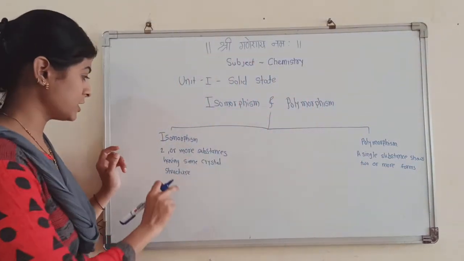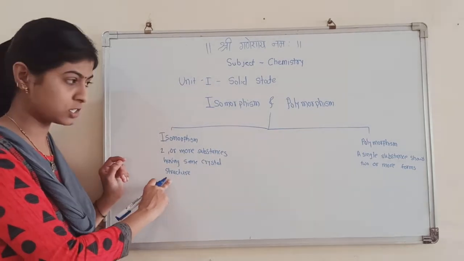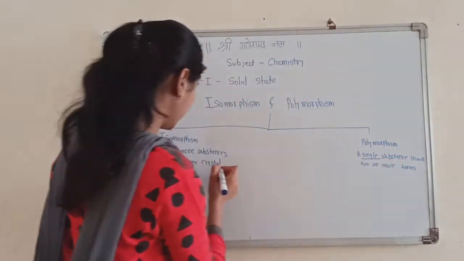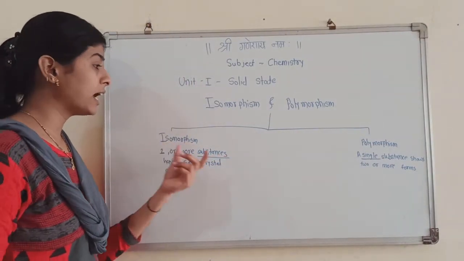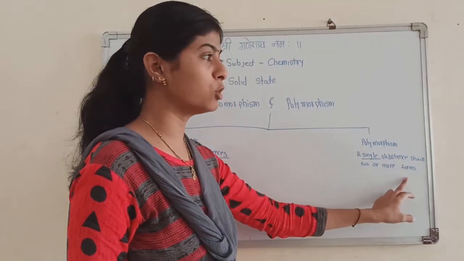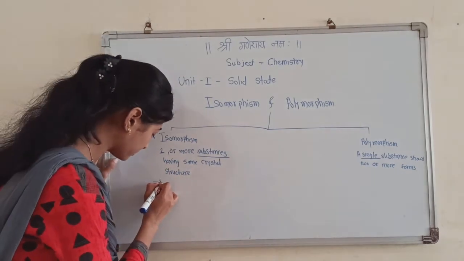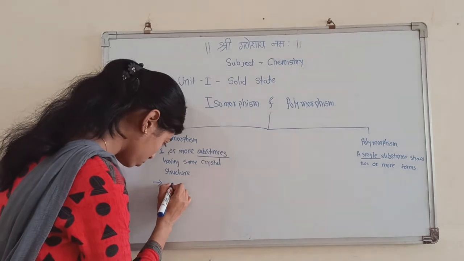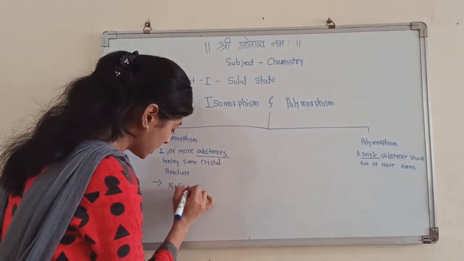Here the difference is that in isomorphism, two or more substances show the same crystal structure, and in polymorphism, a single substance shows two or more forms. It means isomorphism involves two or more substances.